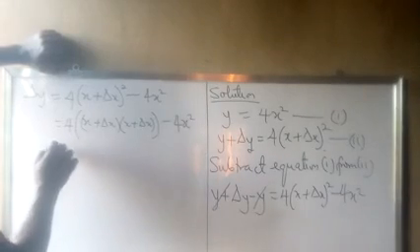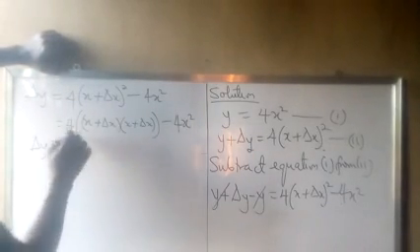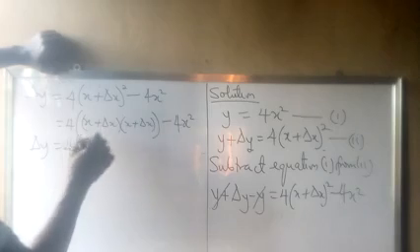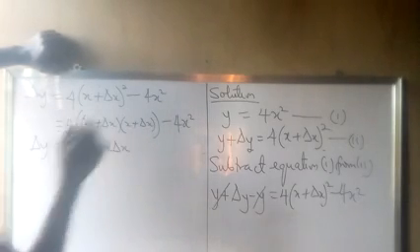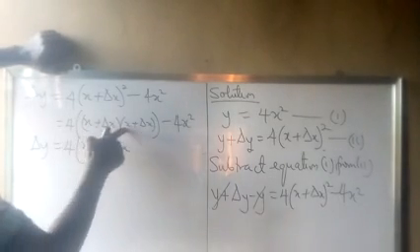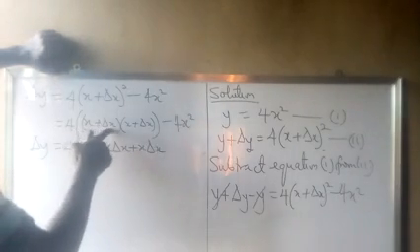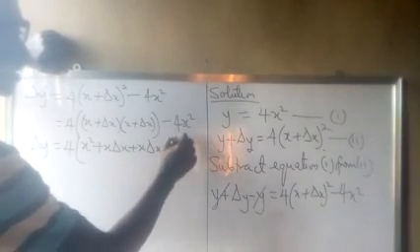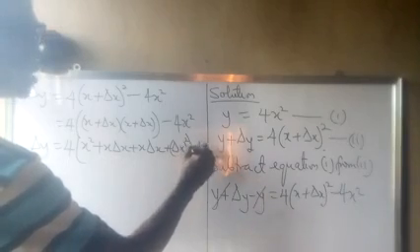So we are going to have this delta y, or the change in y, is equal to x times x, x squared, x times delta x plus x delta x, then plus delta x times x plus x delta x, then plus delta x times delta x, which is delta x all squared, then minus 4x squared.